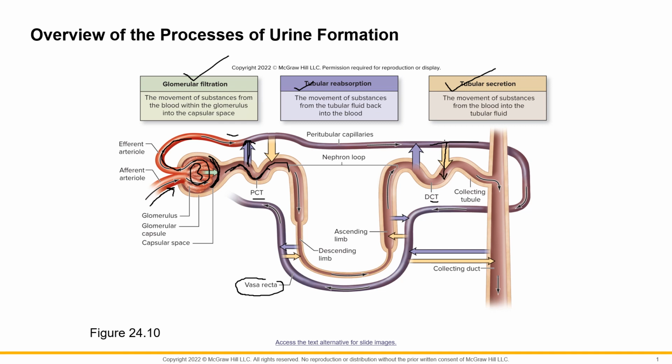So from a nephron tube to blood tube is called tubular reabsorption. From blood tube to nephron tube is called tubular secretion. And this can happen at various stages in the nephron. So it's not just the proximal and distal convoluted tubules. You can have secretion and reabsorption happening in the nephron loop and in the collecting duct as well.